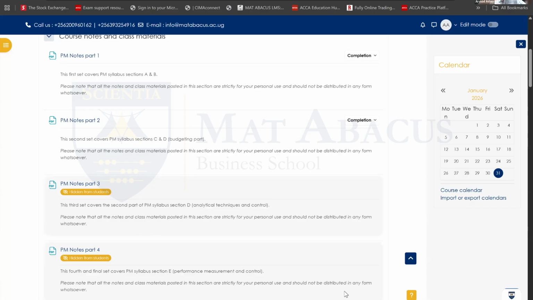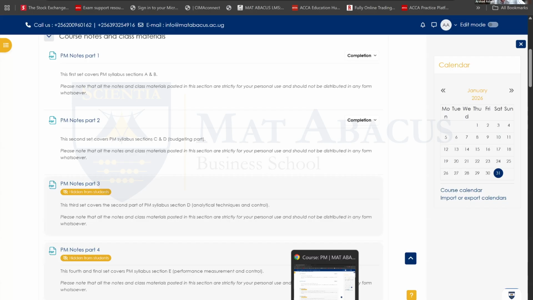So we are in a relationship of trust. I trust you, MAT Abacus trusts you, you trust us to do the best that we can do for you. You study, you do your best. We make every possible tool available for you. Everything is available. We give you a classroom to come and study. We give you LMS.